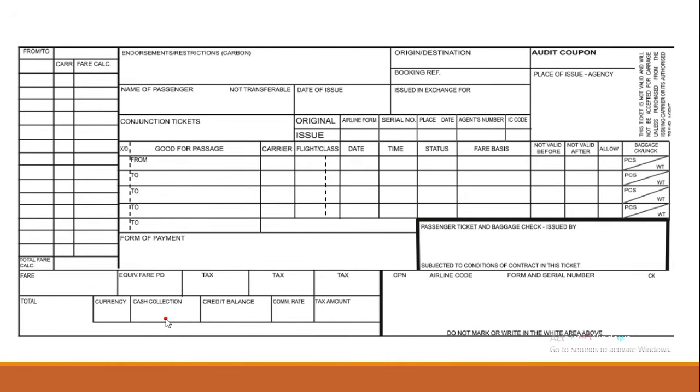Then in this section, the next box is credit balance and cash collection. Under cash collection and credit balance, you will be writing the total amount of money that the client is supposed to pay.